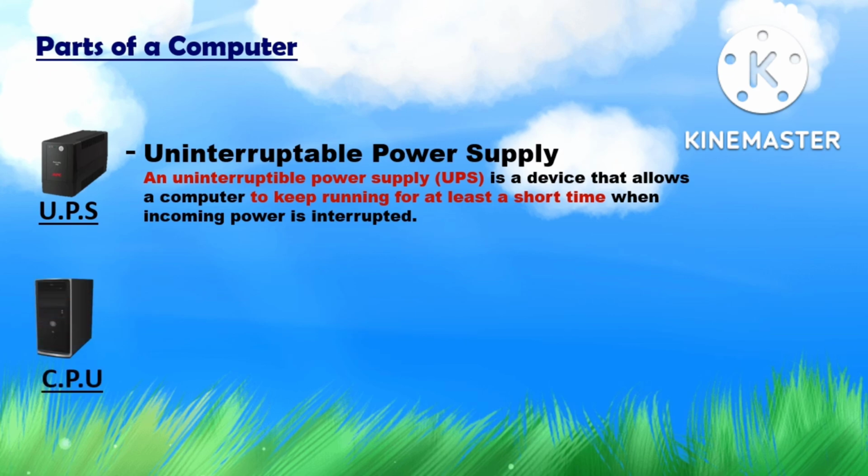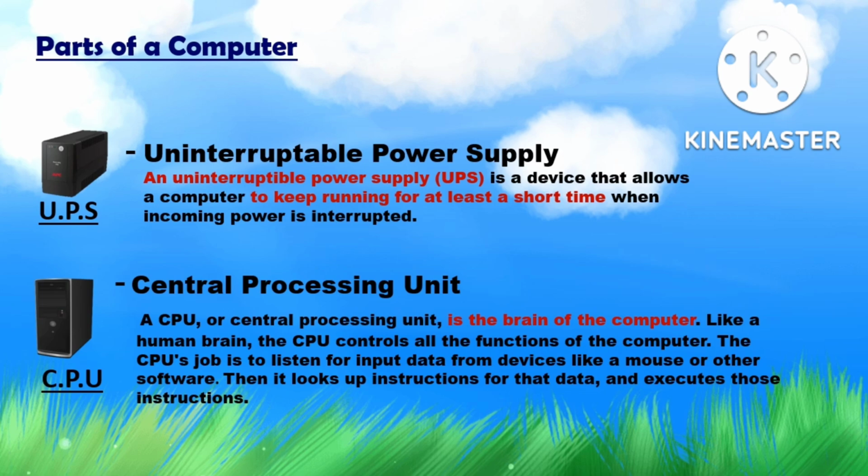The next one is a CPU, that is the Central Processing Unit. A CPU is the brain of the computer. Like a human brain, the CPU controls all the functions of the computer. The CPU's job is to listen for input data from devices like mouse or other software.